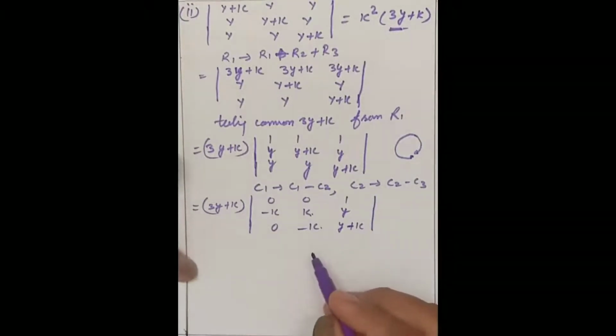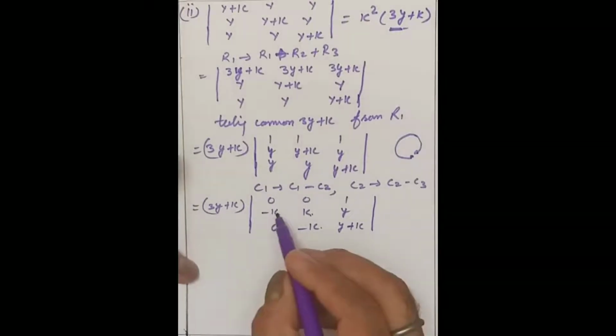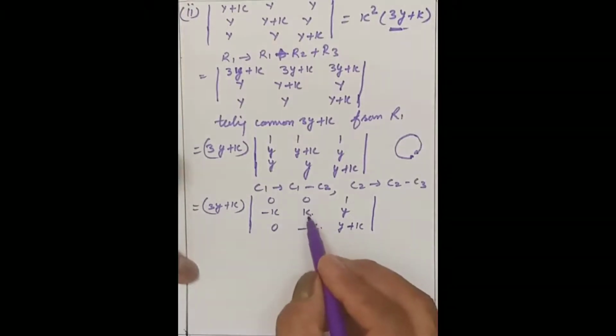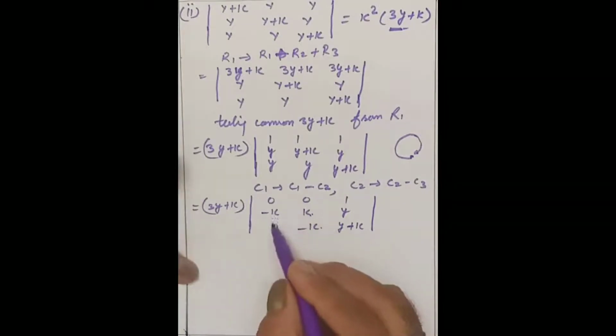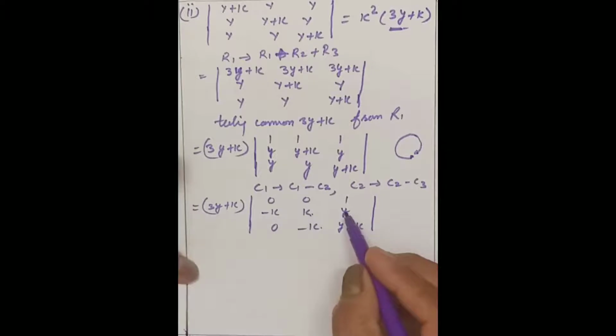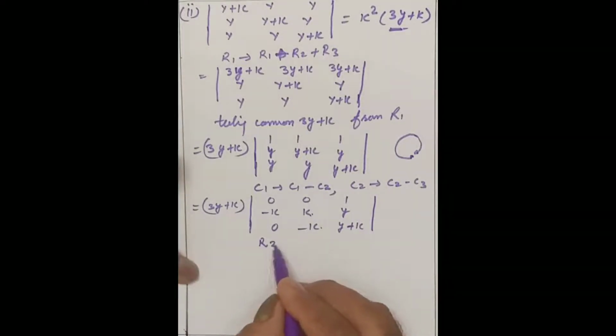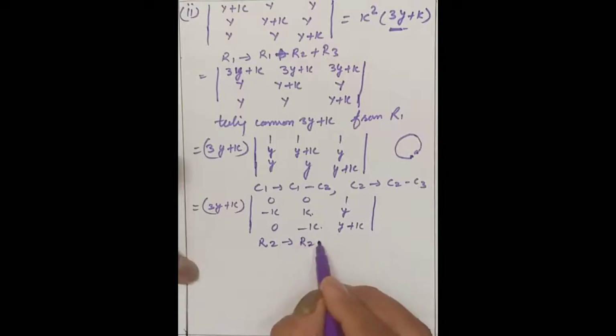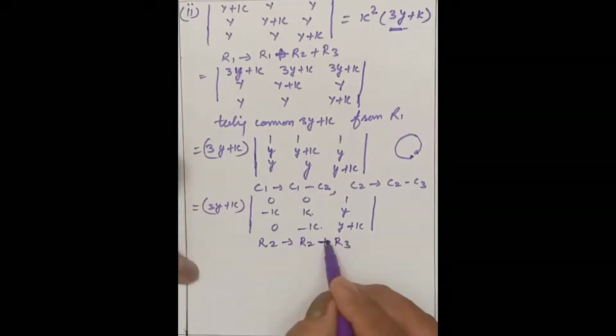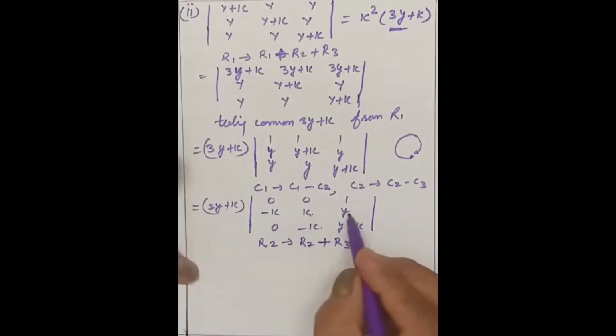So now one more thing can be done, that this 2y, if we are adding this here, we will get 0, and this minus k plus 0, same thing, 2y plus k we will get. So we can give one more operation. R2 will change with the help of R2 plus R3.